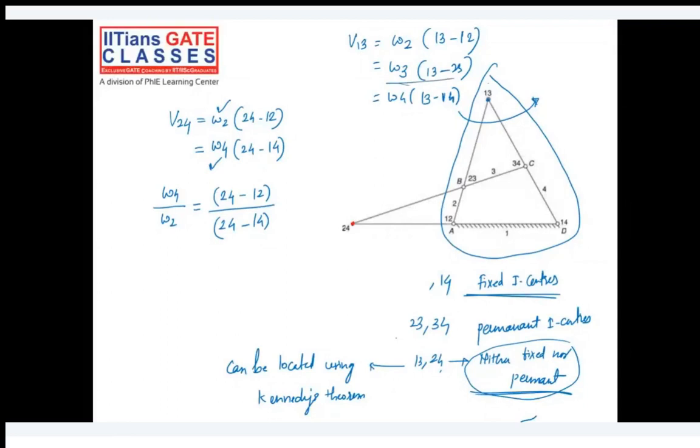I'll come back to you on this, why it is 1 3 to 2 3. But this is for sure correct. For now you can just focus on this. Have you written this?